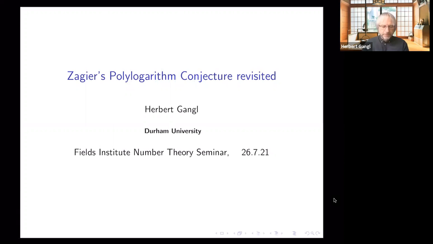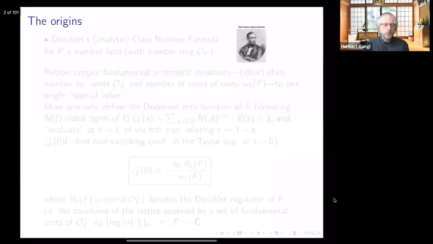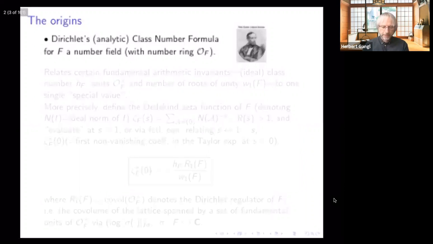So the title is Zagier's Polylogarithm conjecture, and that goes back quite some time now. It all started indirectly, at least, with Dirichlet's class number formula, the analytic class number formula for a number field. I'm sure almost everyone knows it almost by heart, but I just want to establish some conventions here as well.